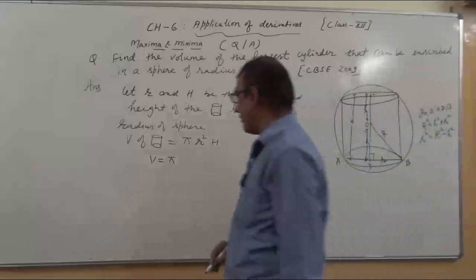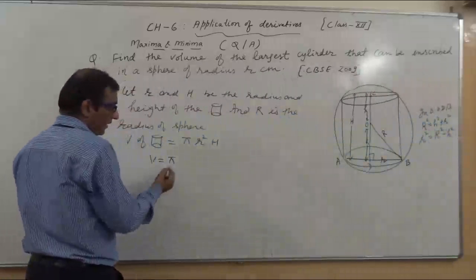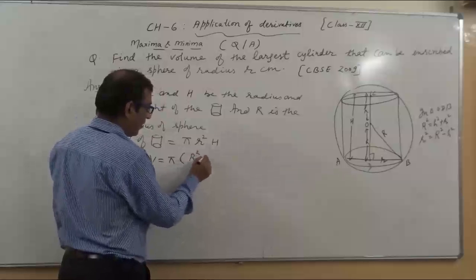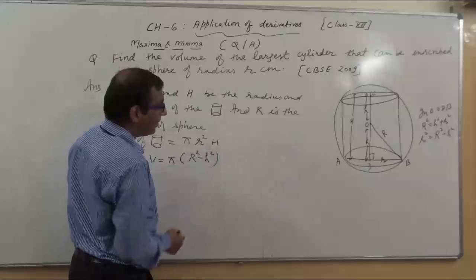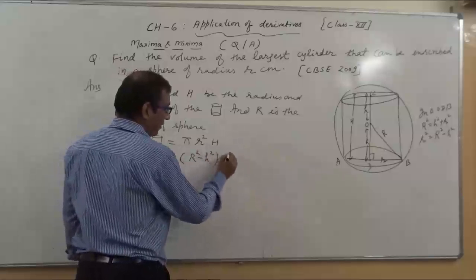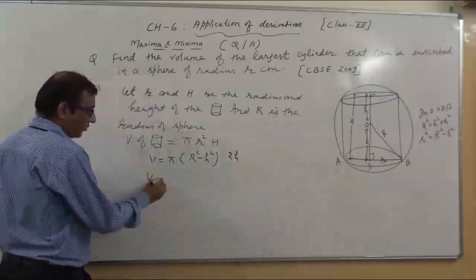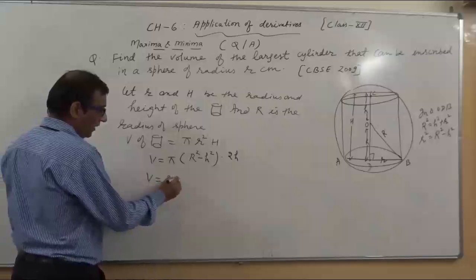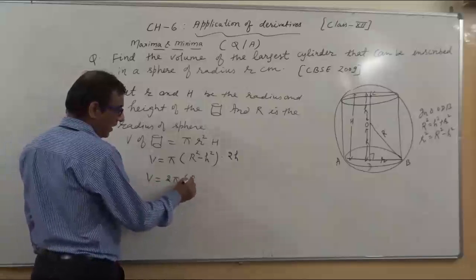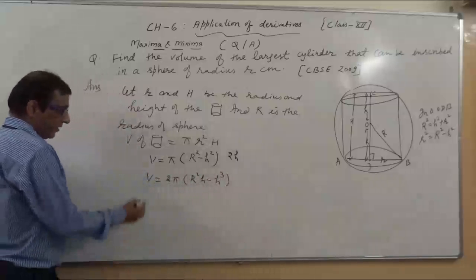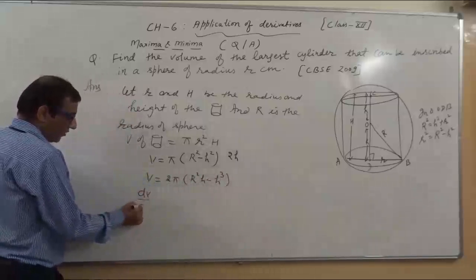We will put the value here, and it can be written as R square minus h square, and the value of H is related with 2h, as I said earlier. Okay, so V equals 2 pi (R square h minus h cube). Now we will differentiate with respect to h.